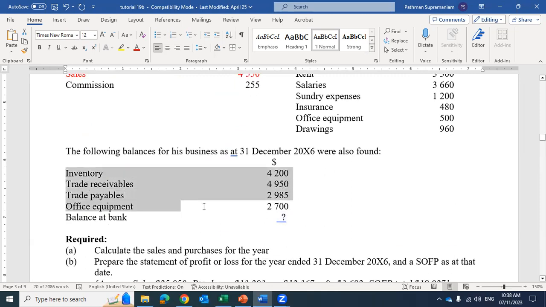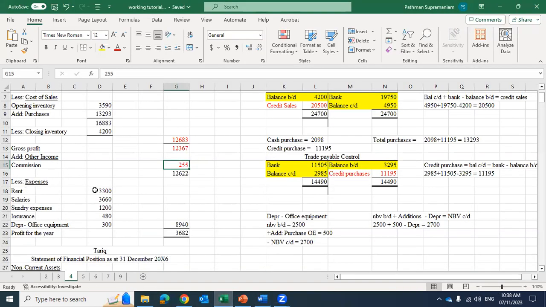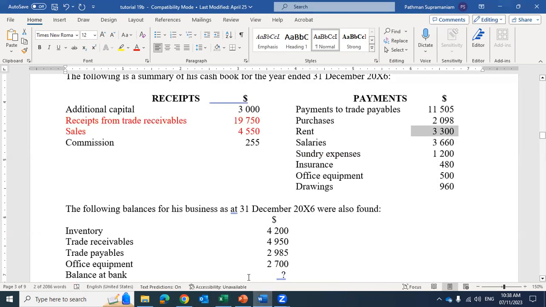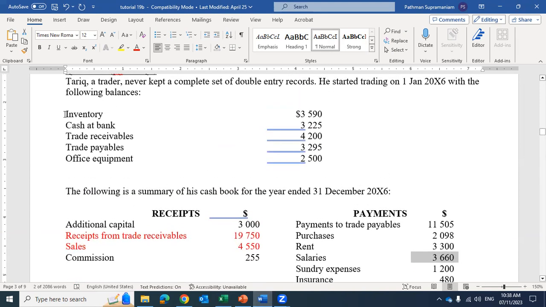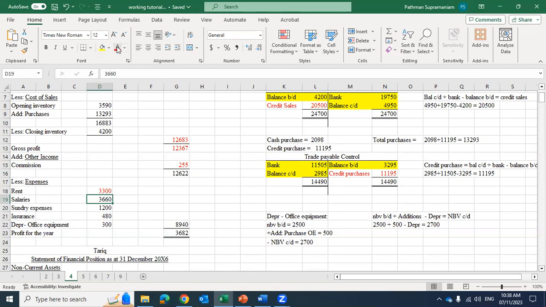End of the year, there is no adjustment for rental. So therefore, this figure paid is also the figure incurred. We do the same for salaries. Salary is 3,660. No adjustments for salary at the beginning and end of the year. So we can put this figure.